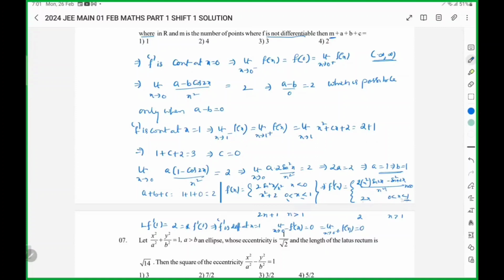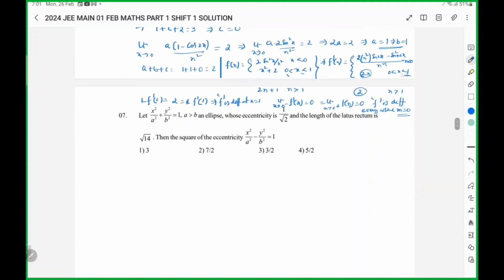Elsewhere, for example, between 0 to 1 polynomial, constant, sine square x by x square, all are differentiable. So f is differentiable everywhere. So m equal to 0 we get. So final answer will be 2.